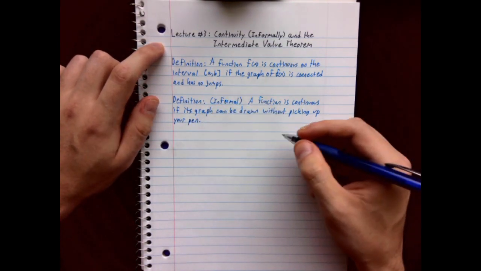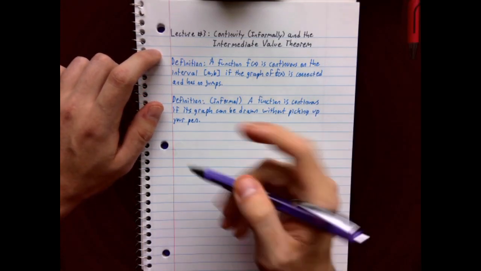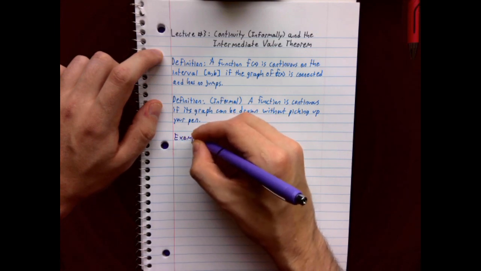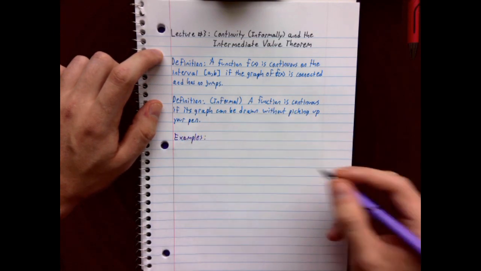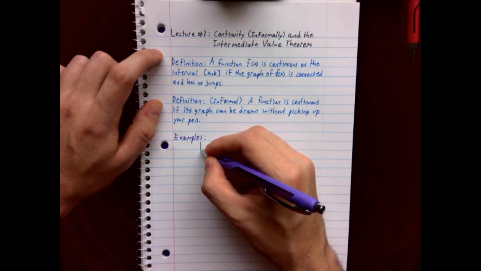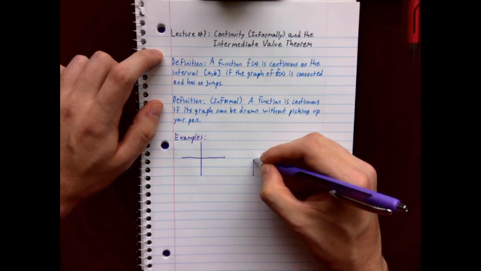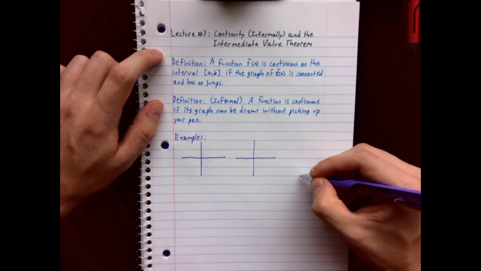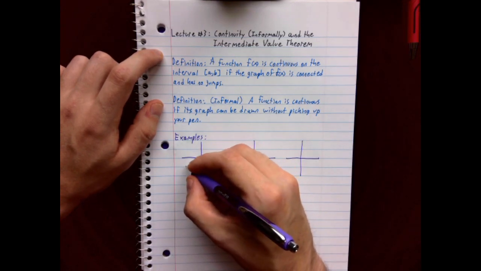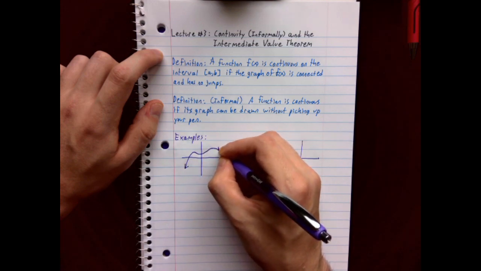Now, examples of continuous functions, or at least examples of graphs of continuous functions. Maybe we'll just draw a few of these. An example of a continuous function would be something like this.